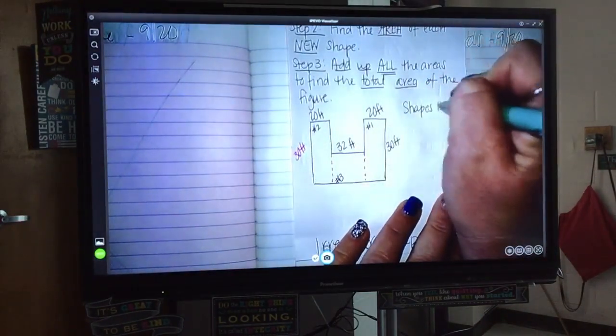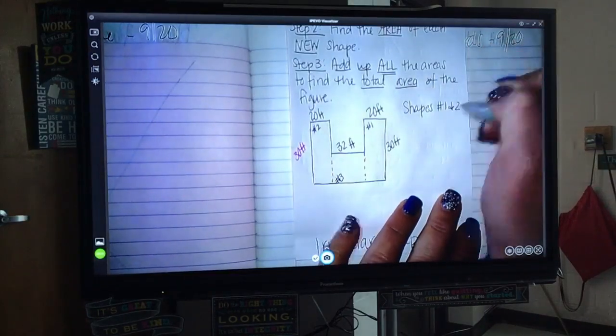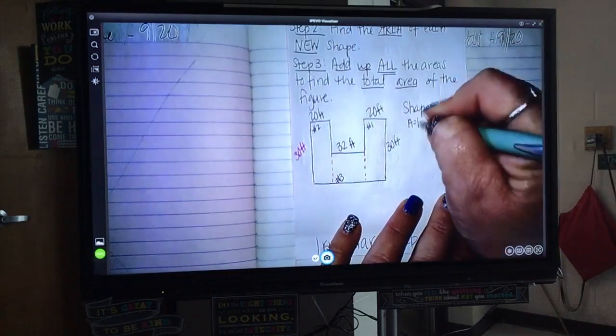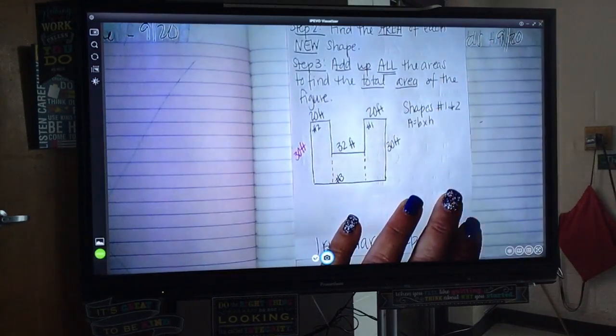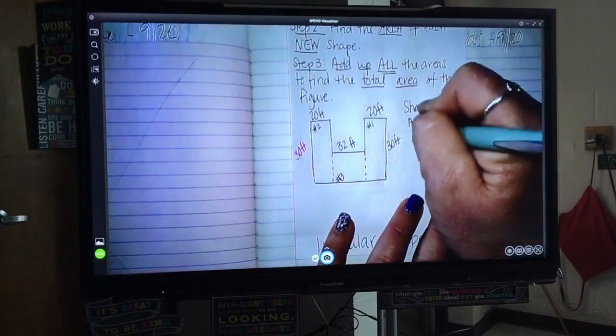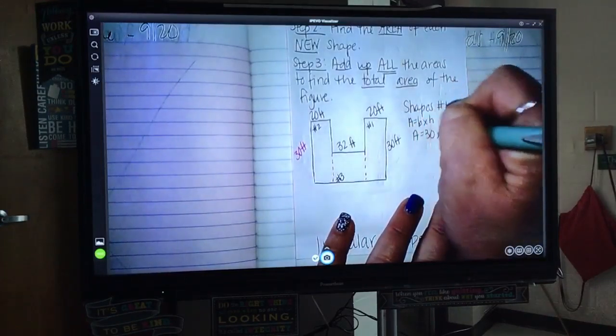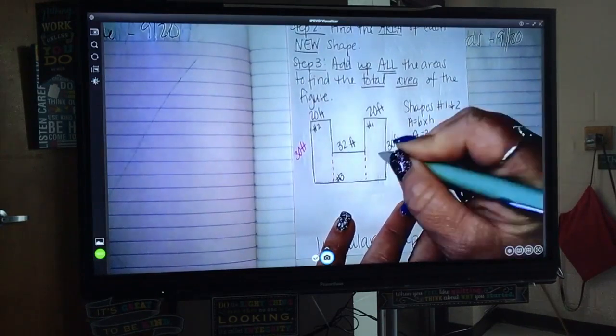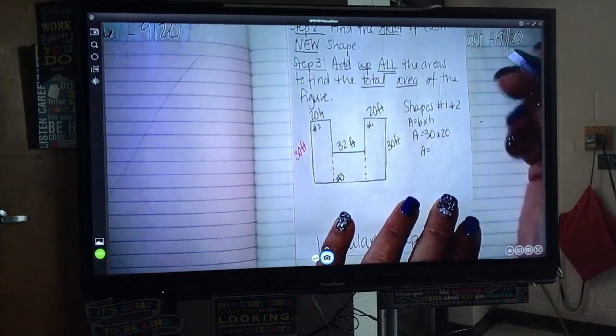So for shapes number 1 and 2, we're going to use the formula for a rectangle. So base times height, length times width, whatever you would like to use. And we are going to do 30 times 20. Raise your hand and tell me what is the area for number 1 and number 2. River?